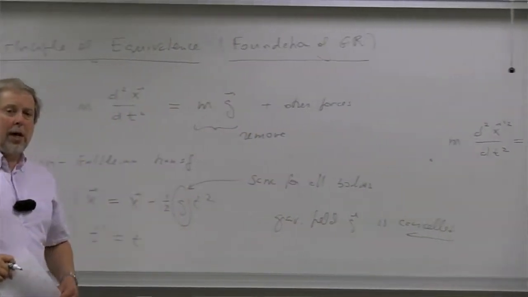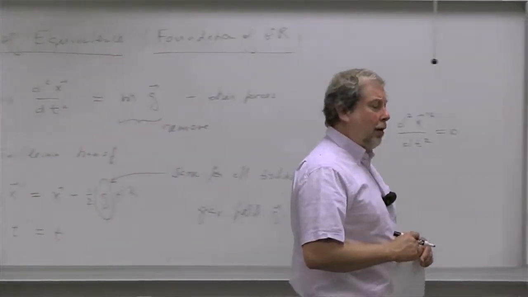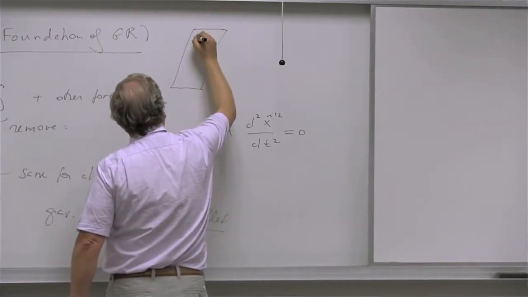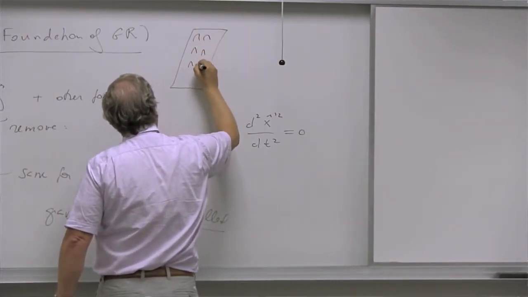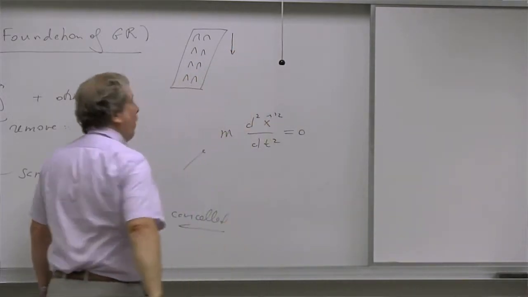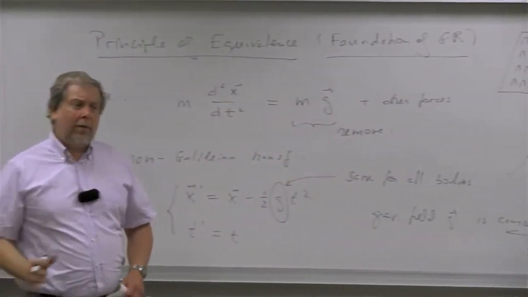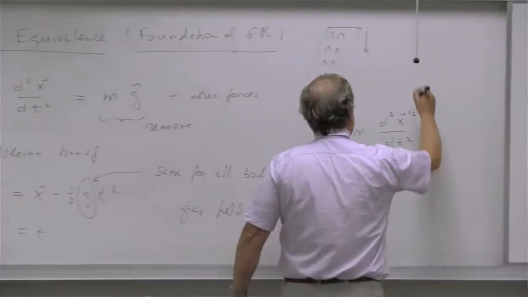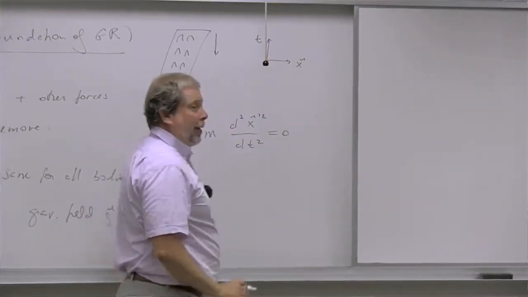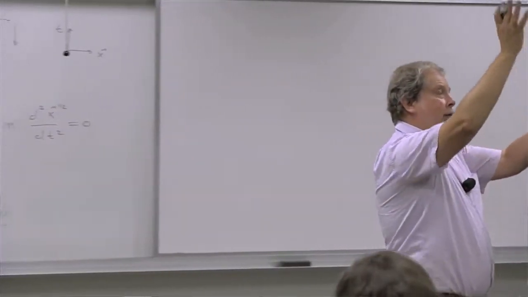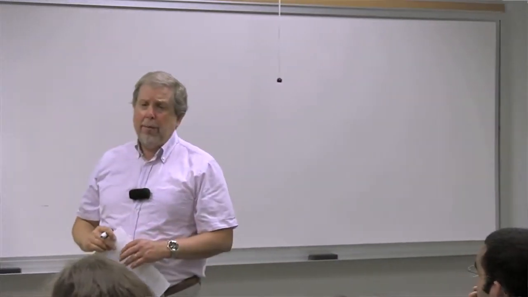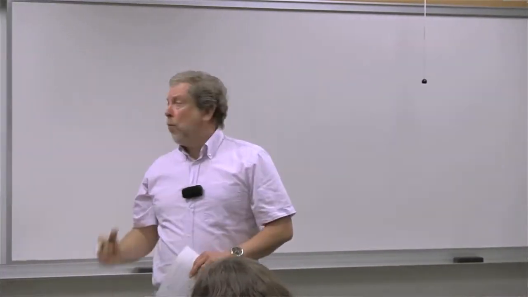Right? So this simple example, this single transformation, shows that if you have, right, so here is your tower, right? So if you have a body that falls down here, right, in a gravitational field, and if the original frame is this x and t frame, right, and that would be the lab frame, so you're looking at this object falling down from the Tower of Pisa, then you can do a transformation to a different frame, and that different frame is the freely falling one, right?